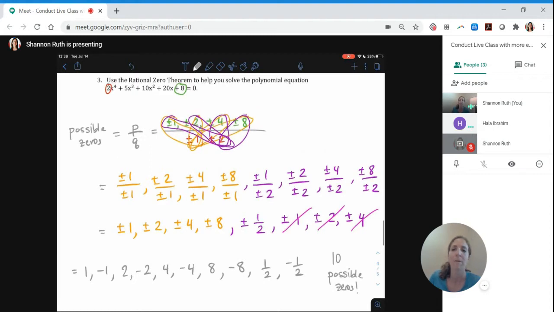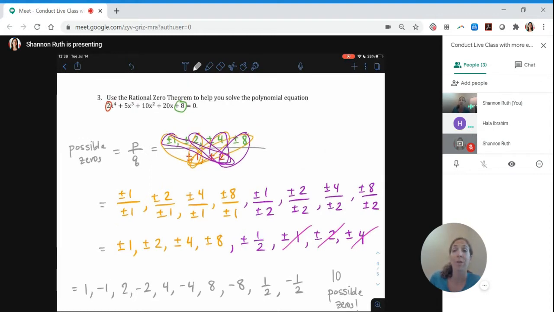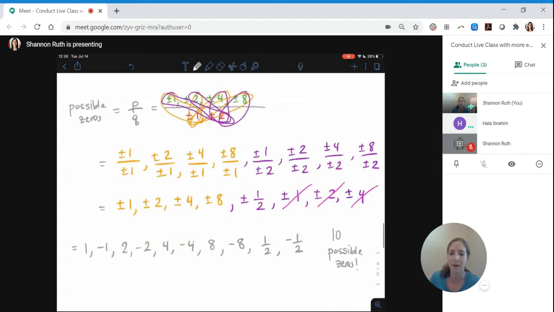4, good, yep, four zeros. And with those 4 zeros, right, it could be some rational, maybe some irrational, maybe some imaginary. So we have to be a little careful there. So just because these are all rational in our list, it doesn't mean that all the zeros have to be rational. Okay, cool. I'm going to turn it back over to you, Hala, because I know you are comfortable with the next step.